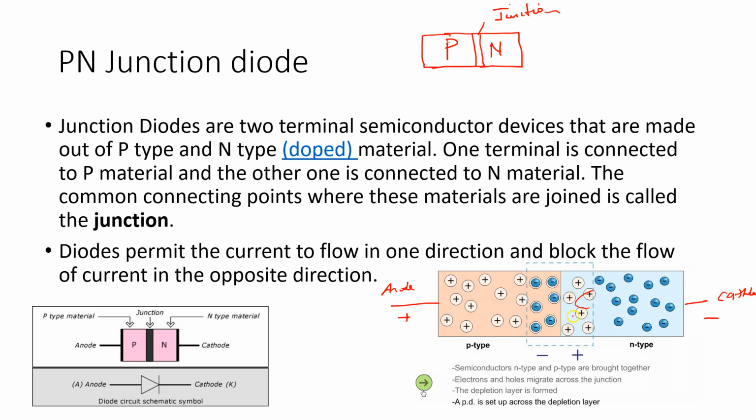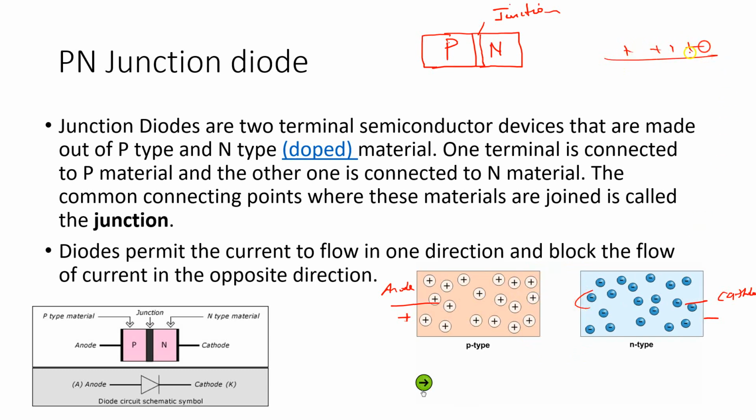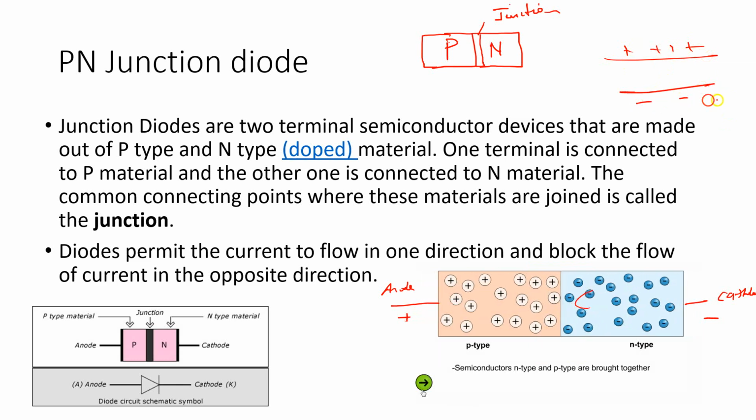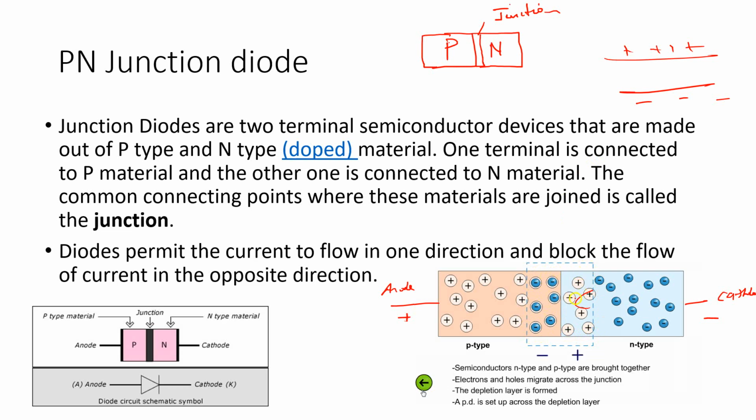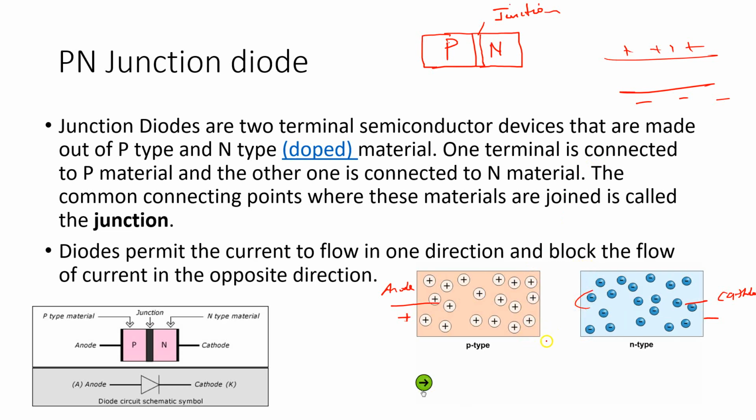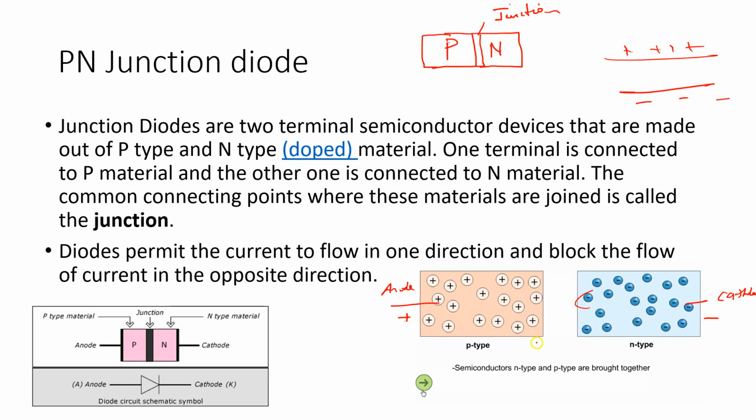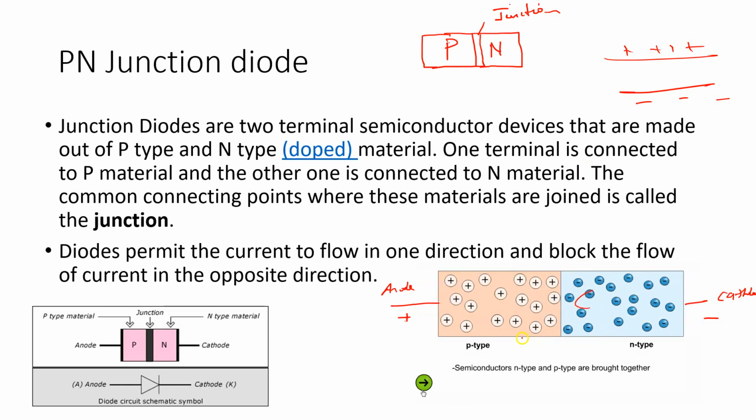If you know anything about charges, once you have positive charge on one side and negative charge on the other, you literally create a potential difference. So there is a small voltage in between here that is generated because of the migration of the positive and negative charges. That is something very critical that we're going to look at.